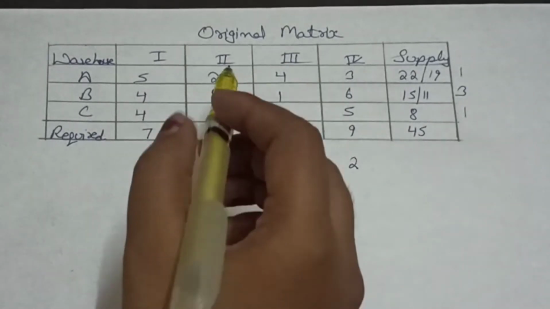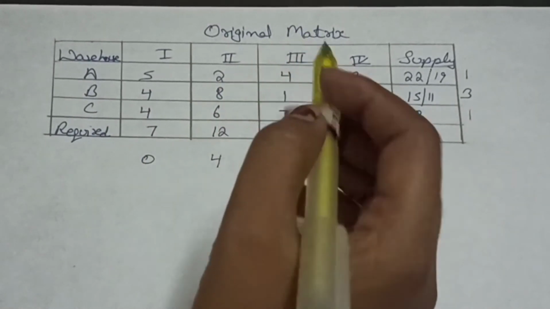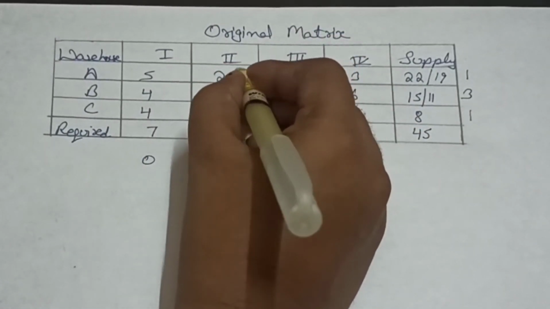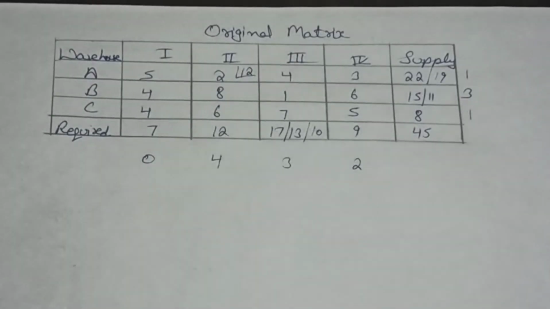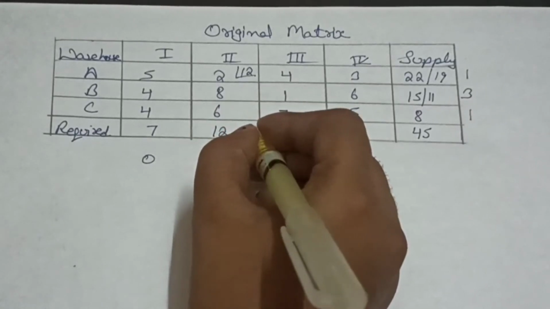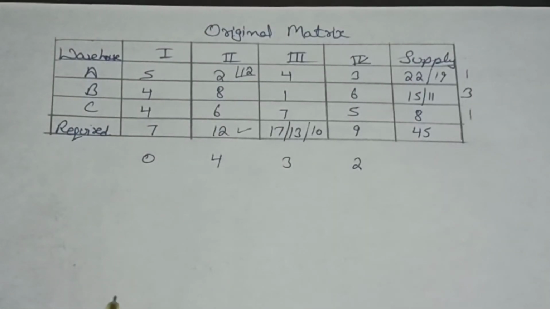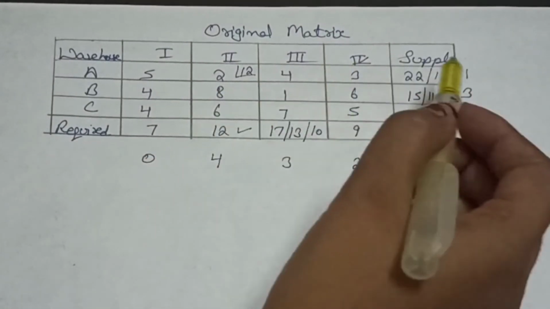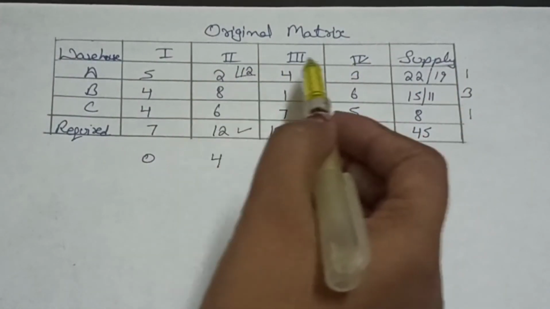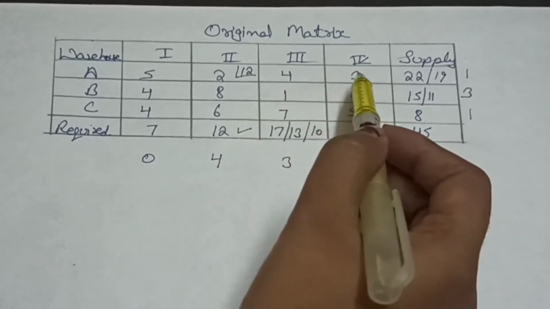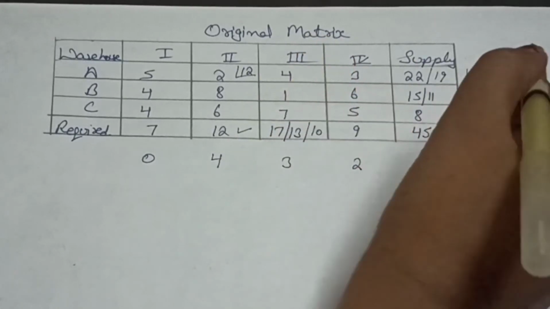So we will allocate first of all to this cell. We can allocate 12 to this cell. So students, you can see this column has been fully satisfied. Now we have to repeat the same process. We have to check this row. Here our minimum value is 3 and the next minimum value is 4.